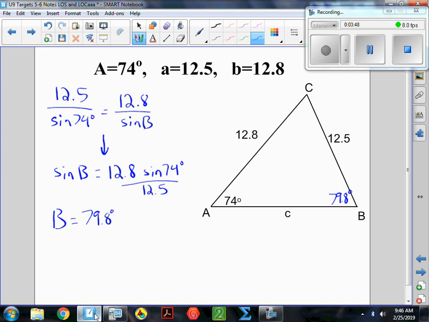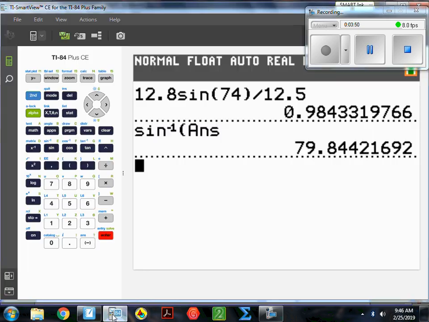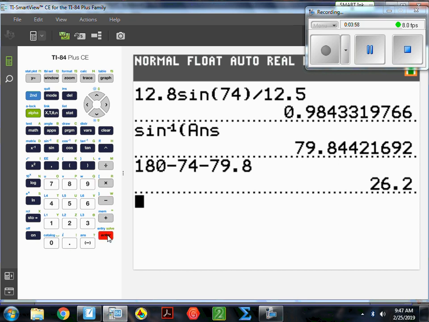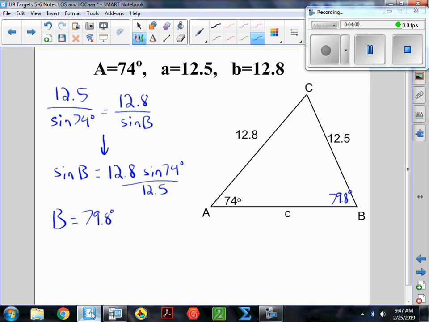And then if I do 180 minus the two numbers that I have, so 180 minus the original 74 minus the 79.8, I can get the third angle C, 26.2. And again, I could find side C, but I'm not going to for the sake of time.